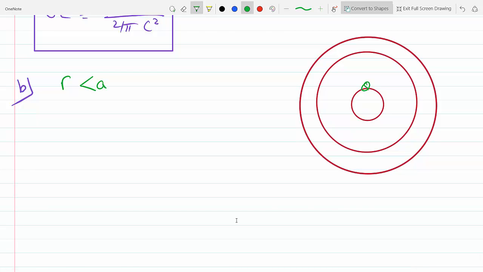So Q was sitting here, and if I take a Gaussian surface here with radius R, of course Q enclosed equals 0.